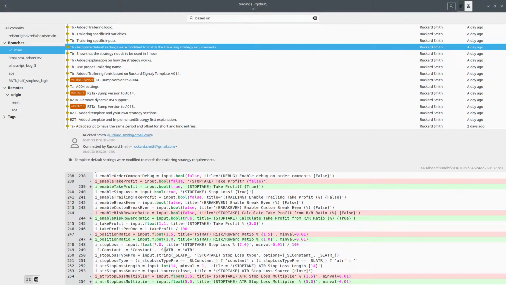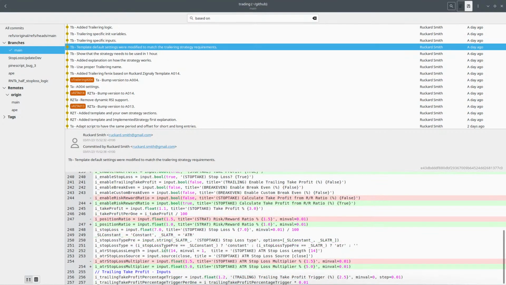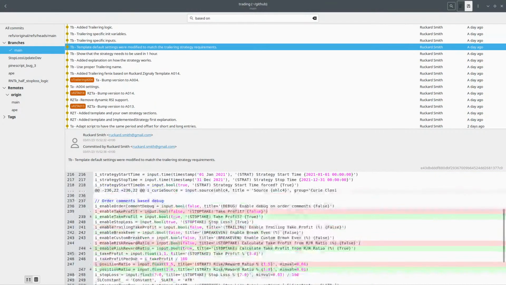Position ratio, no, there's no need. ATR multiplier, no, there is no need. Yeah, well, the only thing you want is the ratio, so that the stop loss is based on the ratio, not the other way around. So what you want is a ratio of 0.25.